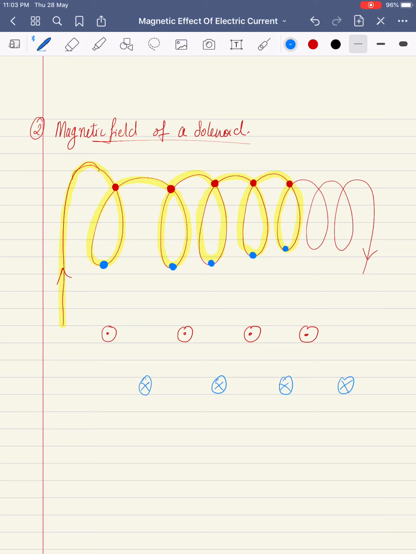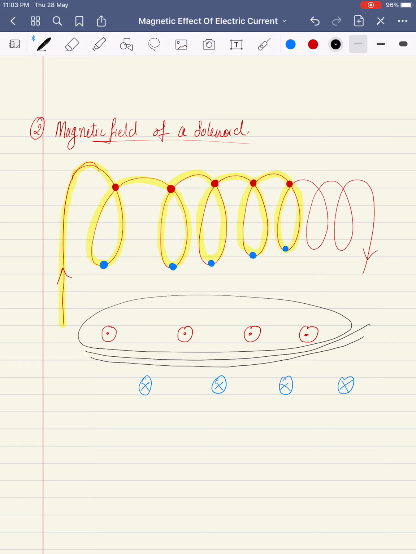गेटिंग इट क्लियरली? So basically what will happen, if I consider this as a straight wire, over here there will be a magnetic field which is moving around it. Okay, the magnetic field will be actually moving around it.